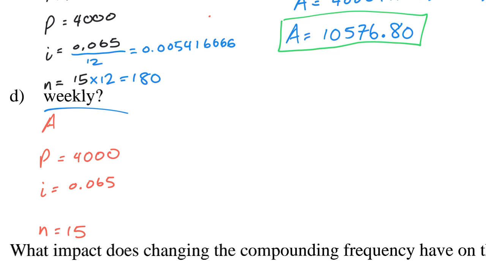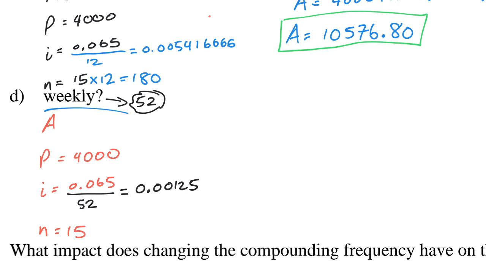But because we're doing this weekly, we have 52 weeks in a year, don't we? So that means we're going to divide 0.065 by 52, and you're going to get 0.00125.